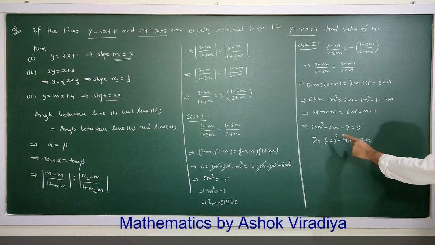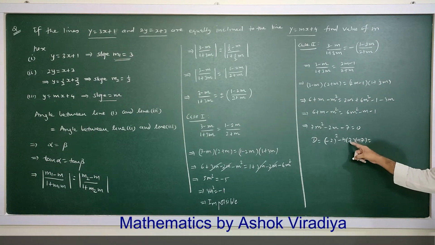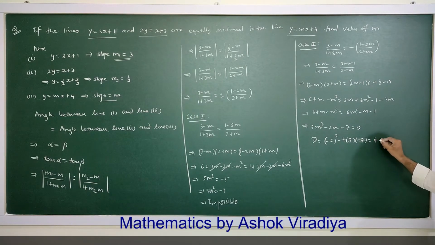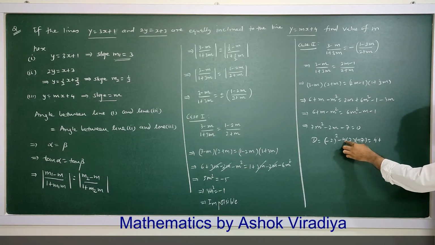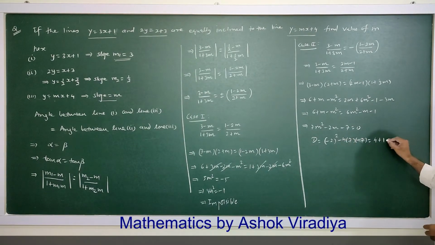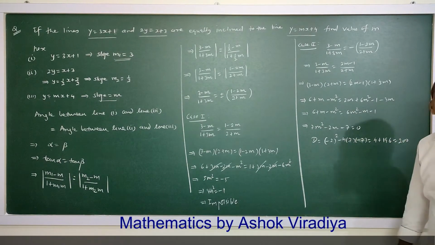So b square is 4, and minus 4ac gives plus 4 into 7 into 7, that is 196. So this is 200. Discriminant is positive.